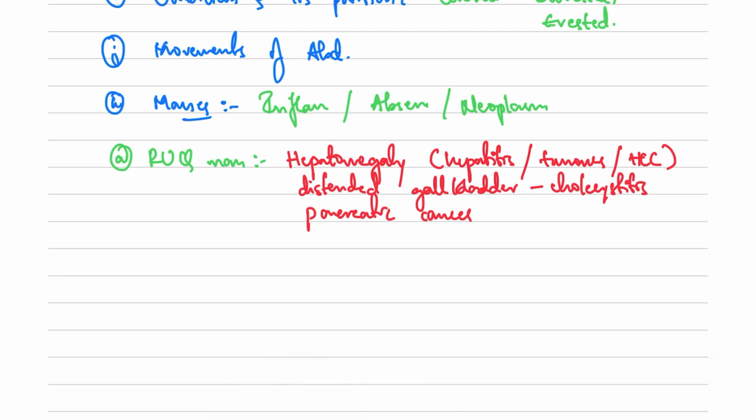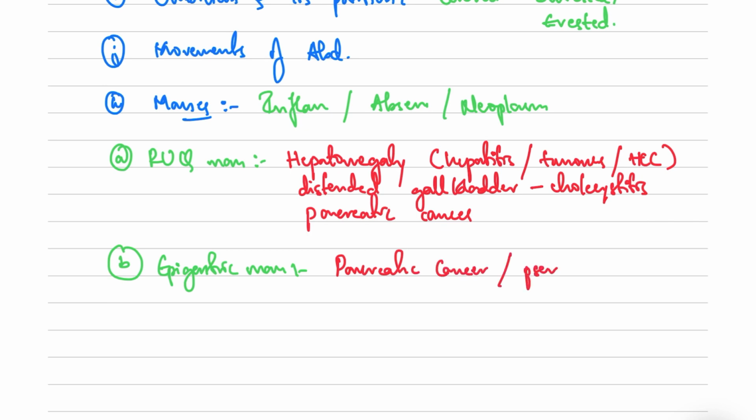Then what else do we have? What if there is an epigastric mass? If there is an epigastric mass, the number one thing is it can be a pancreatic cancer, or it can be a pancreatic pseudocyst.